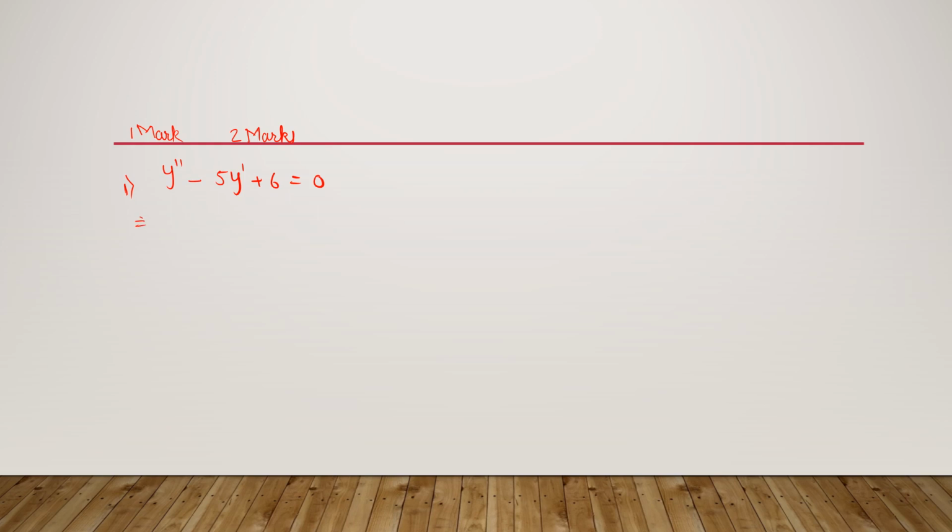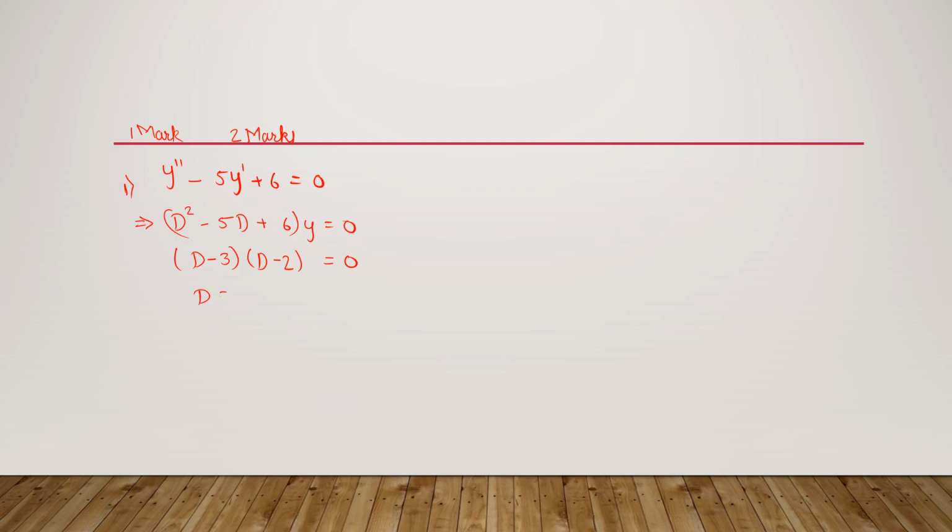So this equation can be represented as (D² - 5D + 6)y = 0. So we can find the roots as (D - 3)(D - 2) = 0.